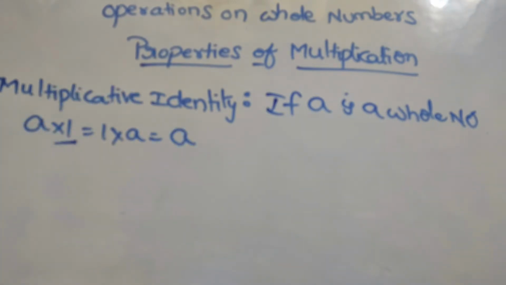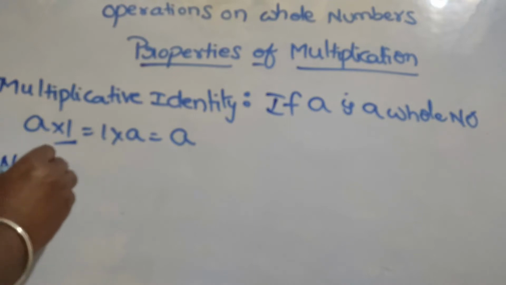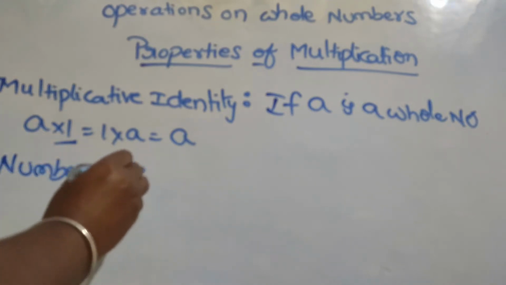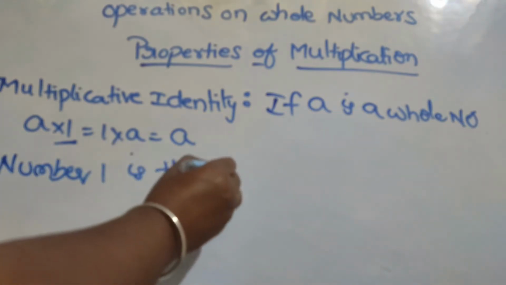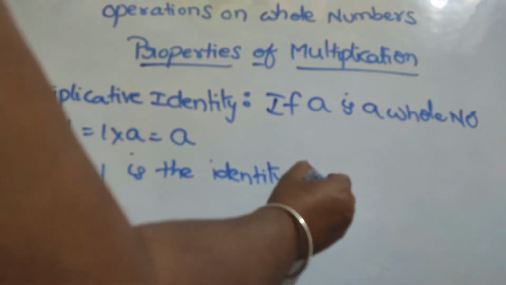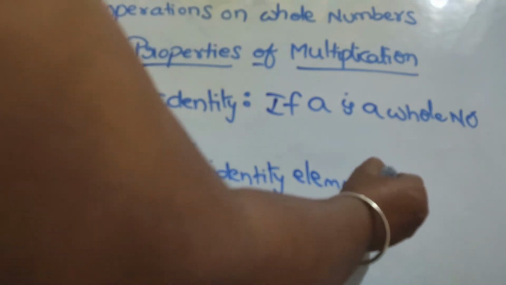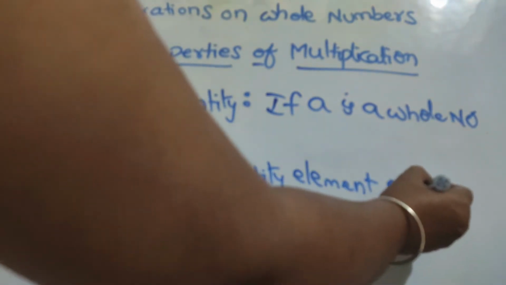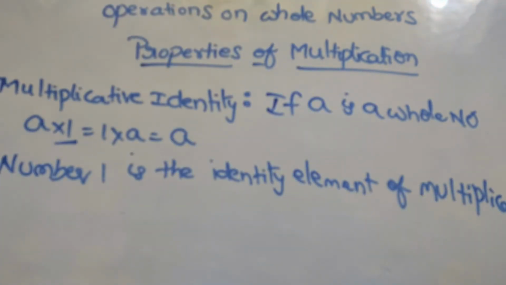So 1 is the multiplicative identity. Number 1 is the identity element of multiplication. This is called the multiplicative identity property under multiplication.